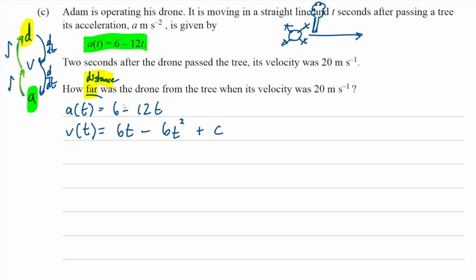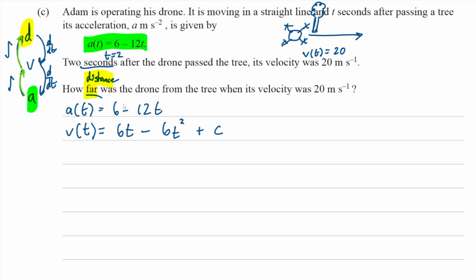So let's reread the question. Oh, look at that. 2 seconds after it passed the tree, so time equals 2, its speed or velocity is 20 meters per second. So there we have a time speed point.